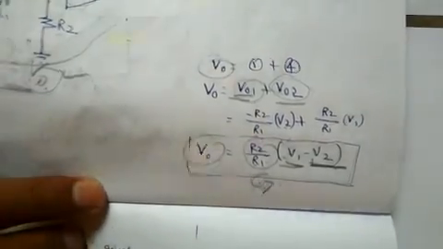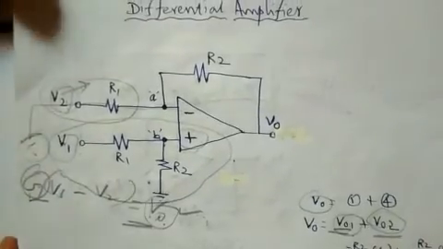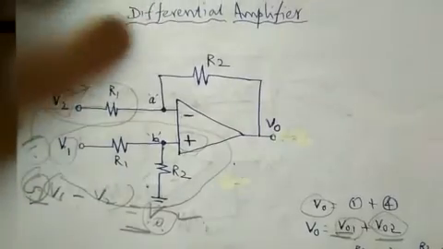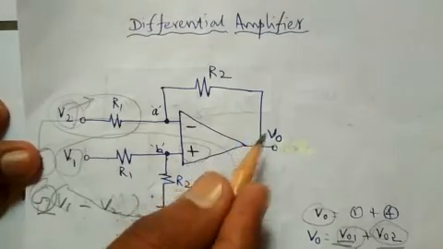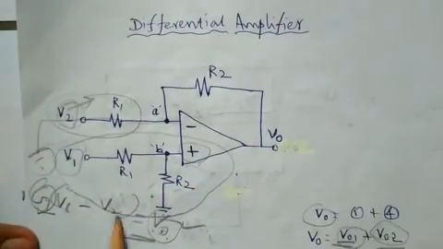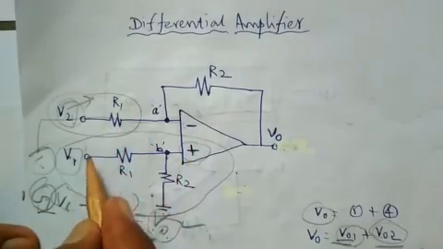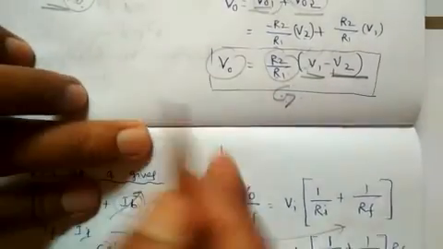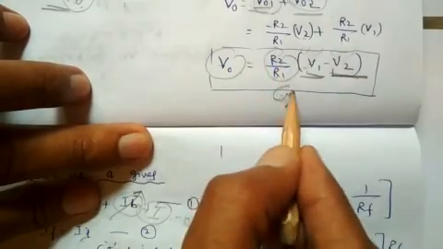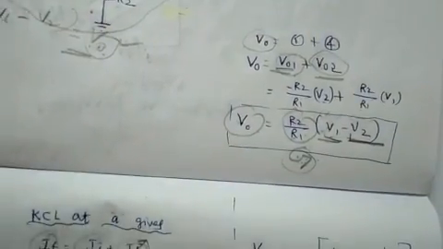So as we discussed already, the output of this operational amplifier based differential amplifier is Vout equals the difference between the input applied at the non-inverting terminal minus the input applied at the inverting terminal, into a gain factor. That is what we have derived: Vout equals R2 by R1, the gain factor, into the difference between the two input signals applied at the input terminals.